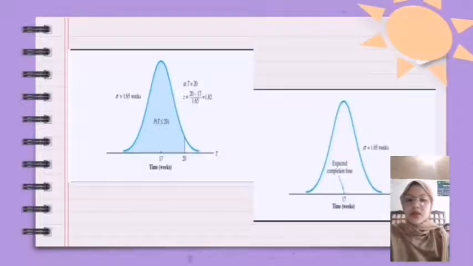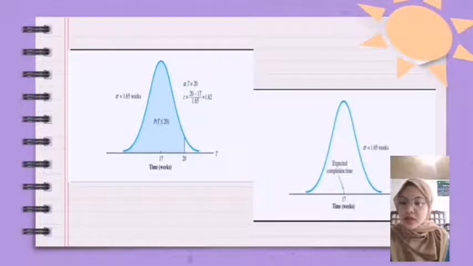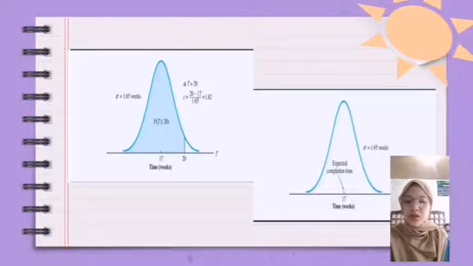Okay, so this is the normal distribution of project completion time for the Porta-Vac problem. As you can see, the project scheduling PERT or CPM gives the probability that the Porta-Vac will meet the 20-week deadline, even though activity time variability can cause the completion to exceed 17 weeks.